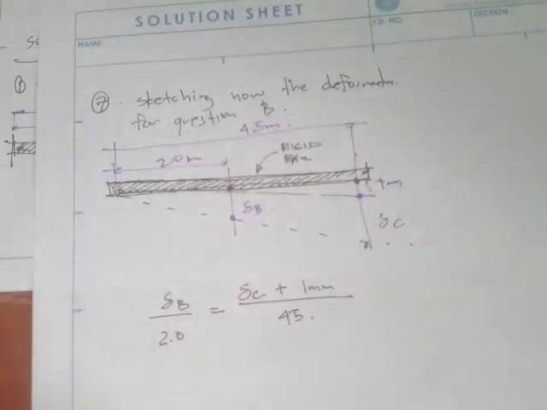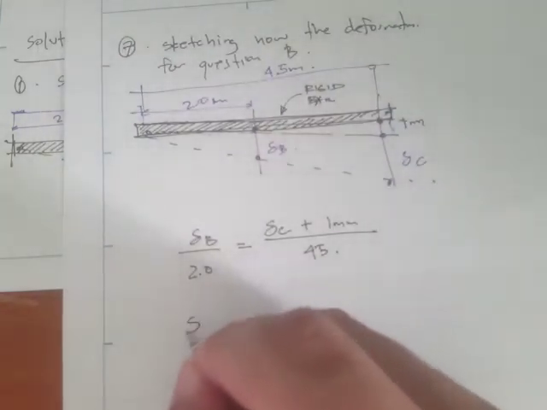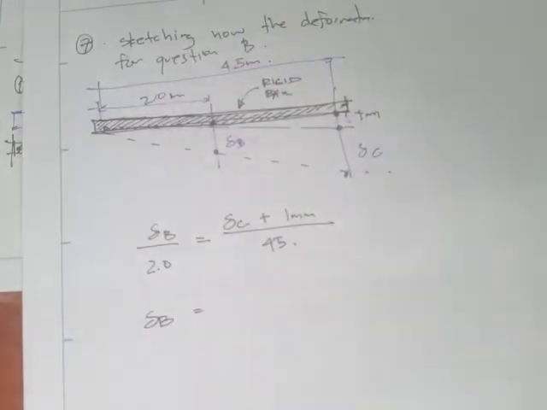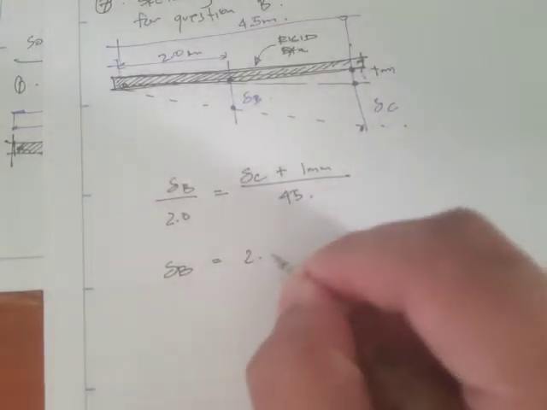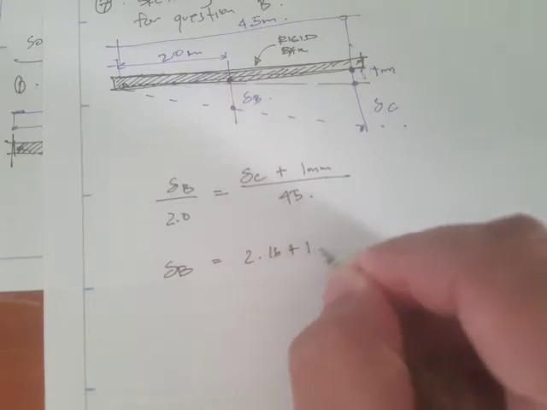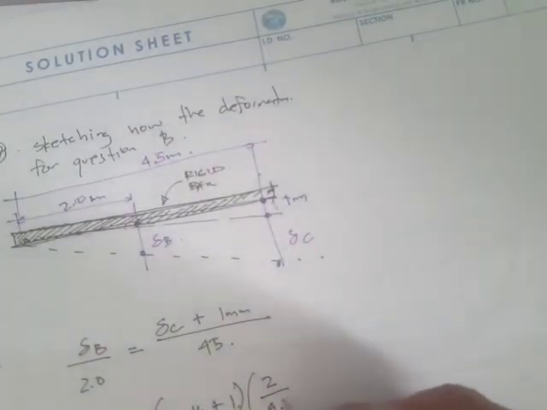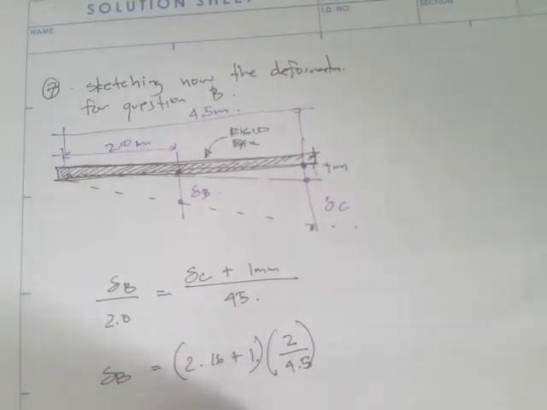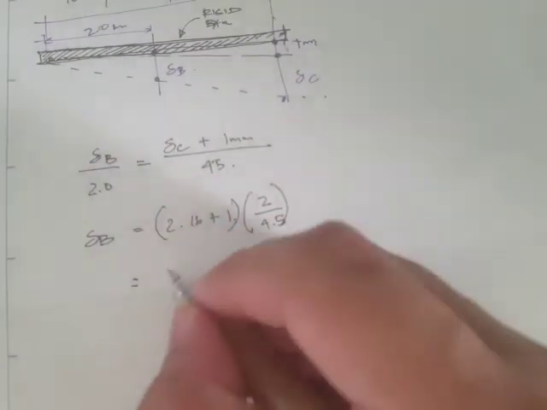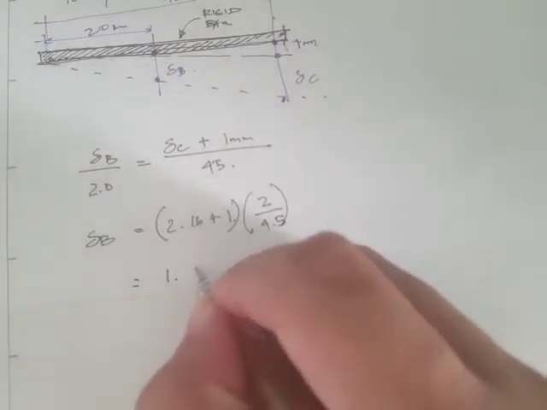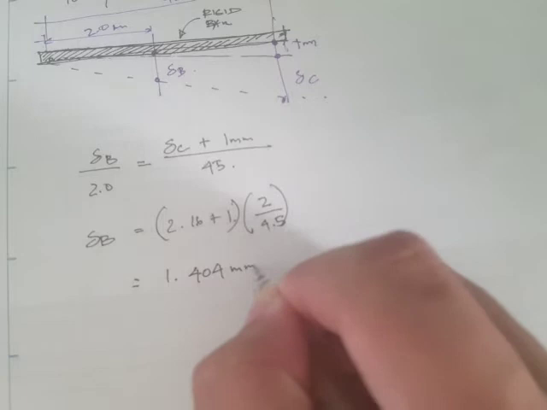So therefore this delta B is 2.16 plus 1 mm, times the ratio of the length, 2 divided by 4.5, and I think this is 1.404 mm.